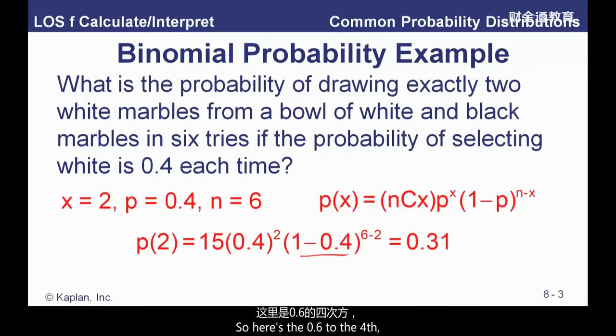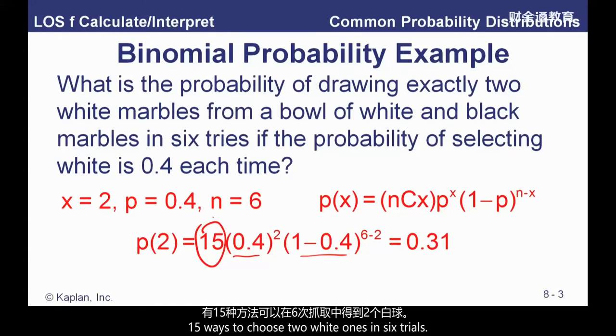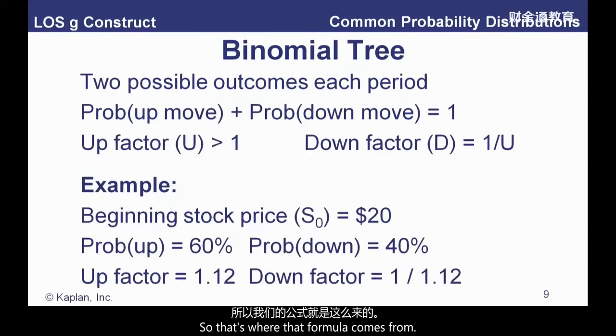So here's the 0.6 to the 4th, here's the 0.4 squared, and there are 15 ways to choose 2 white ones in 6 trials.